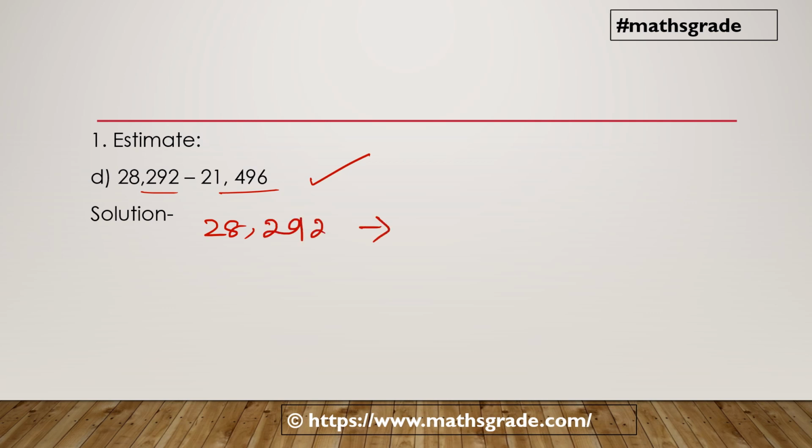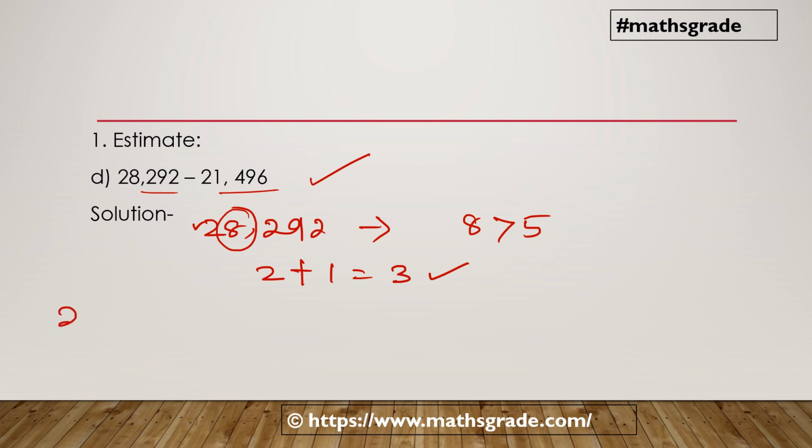When we round off to the nearest 10,000, first look at the 1000 place digit. Here 1000 place digit is 8, and 8 is more than 5. So just add 1 to the 10,000 place digit. That is 2, 10,000 place digit is 2. 2 plus 1 is 3. And write down 0 in 1000 place, 100 place, tens place and unit place digit.